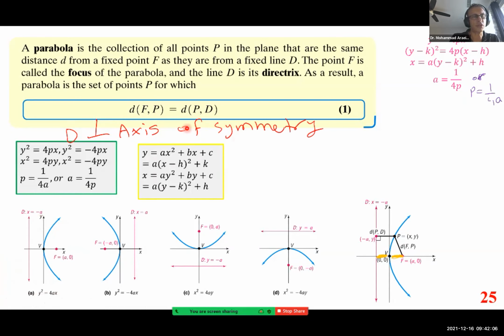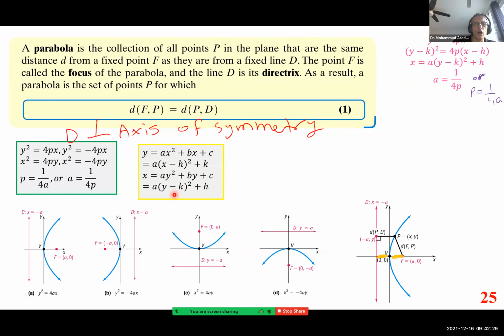And the axis of symmetry, I hope you remember, in this format is x equals the x coordinate of the vertex, which is x equals minus b over 2a. If you have it in this format, x equals h. If you have it in this format, y equals k. So I'm reminding you of everything that we have seen before.